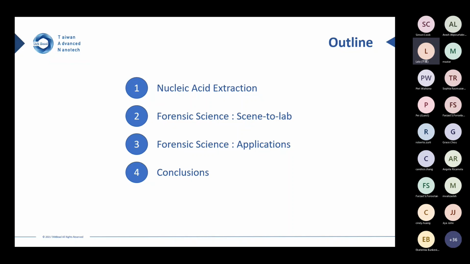So we'll be looking at the different types of samples that we can collect and how to process them. In the third part, we'll be looking at the applications of forensic science before finally concluding the presentation. After the conclusion, we will have some time dedicated for questions and answers. But if you have any questions along the way, please feel free to type your questions into the chat room.